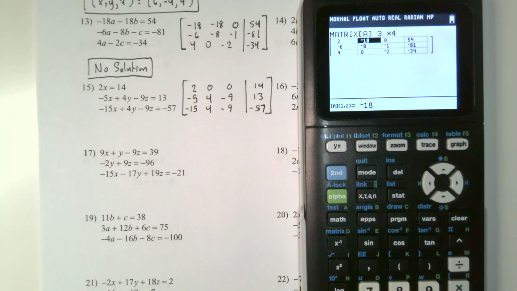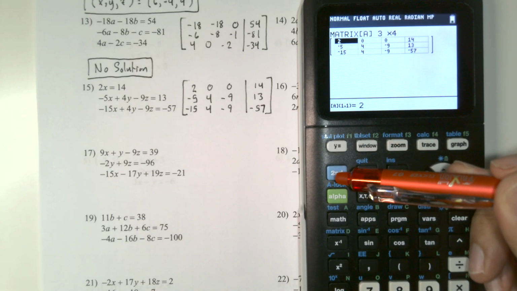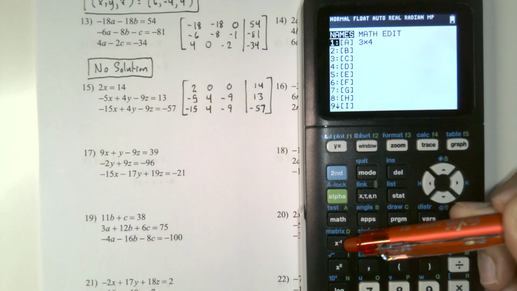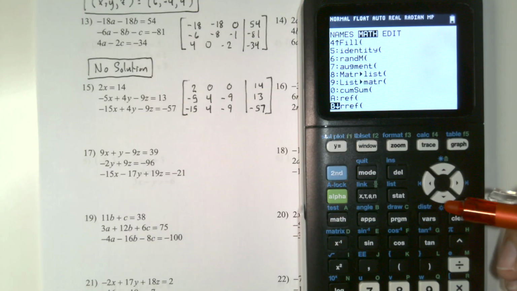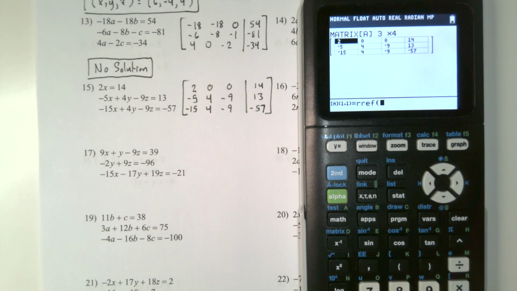I have 2, 0, 0, 14, -5, 4, -9, 13, -15, 4, -9, -57. Now they're all overwritten. Second, matrix, scroll over to math, find RREF, hit enter.